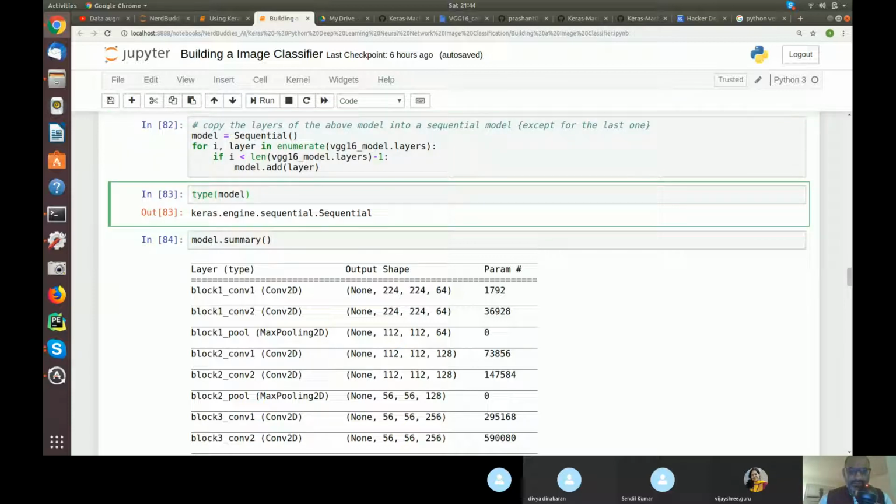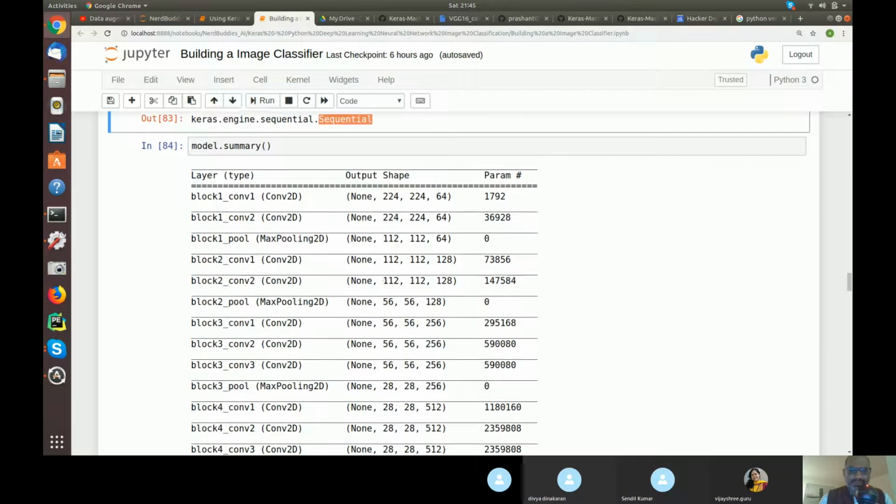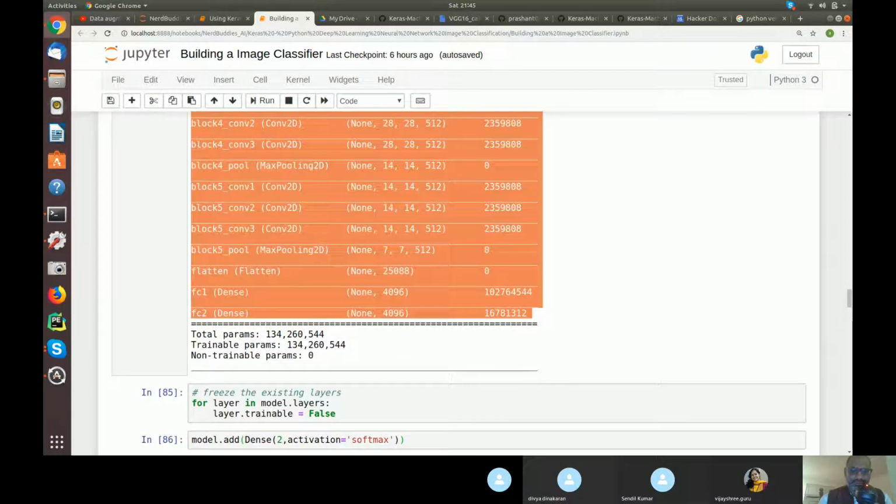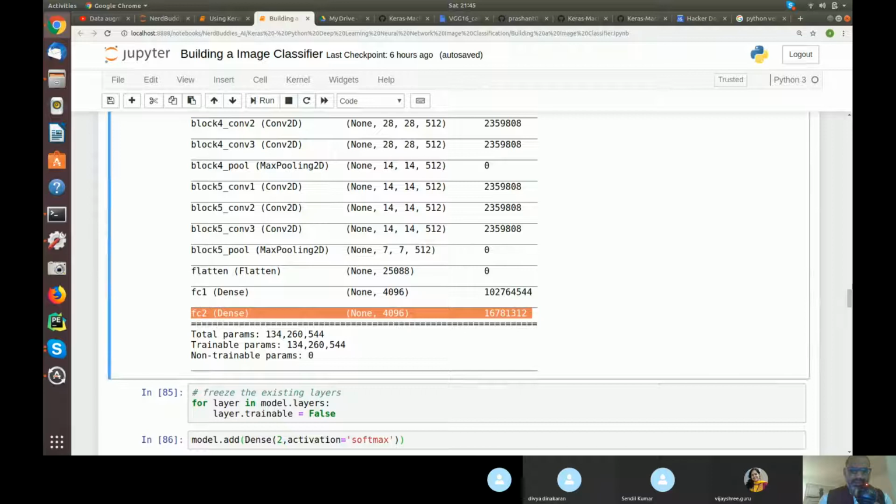Now if you type model type, you get sequential, which is what we're looking for. And now if you do the summary, it doesn't have the final prediction layer. And the total number of parameters have also changed.